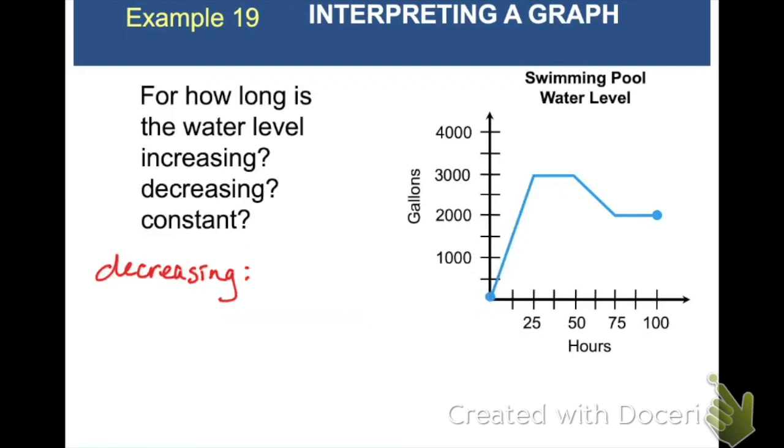If you wanted to write the interval for which the graph is decreasing, it would be this little chunk right here. So you're going down to the x-axis, so it would be 50 to 75. And then if you want to know how long the water level is decreasing from 50 hours to 75 hours, that would be 25 hours.